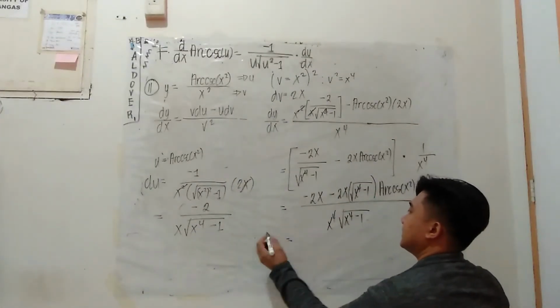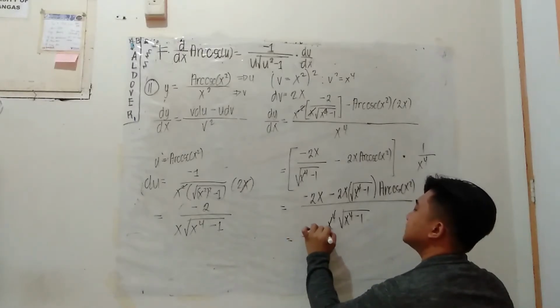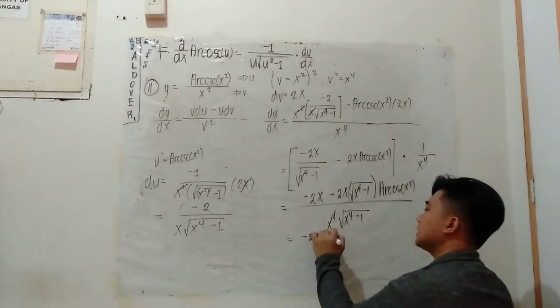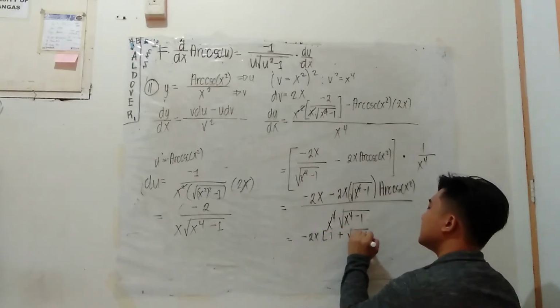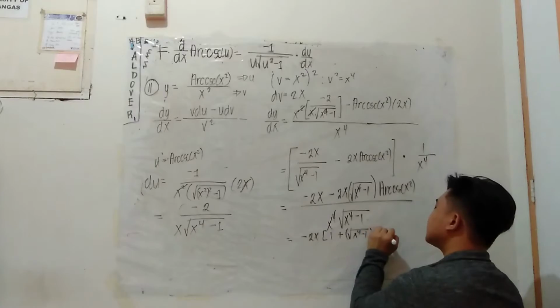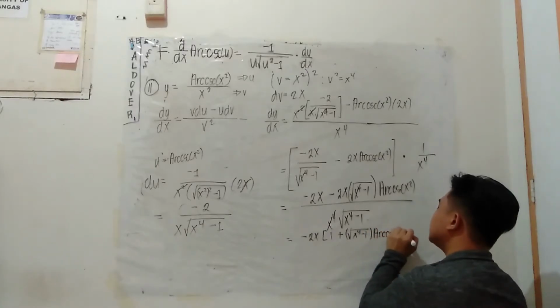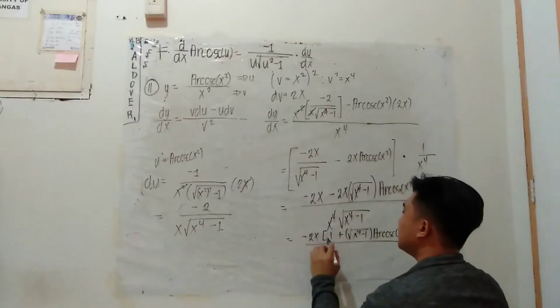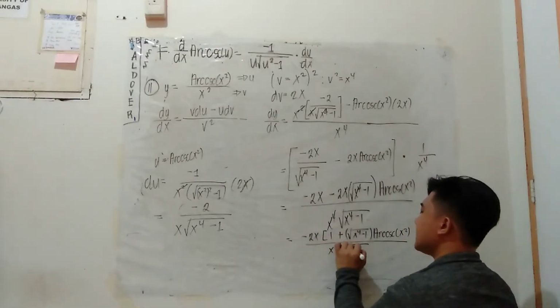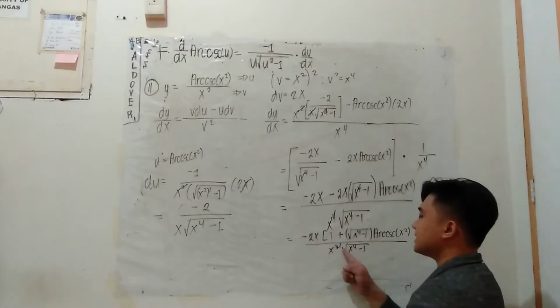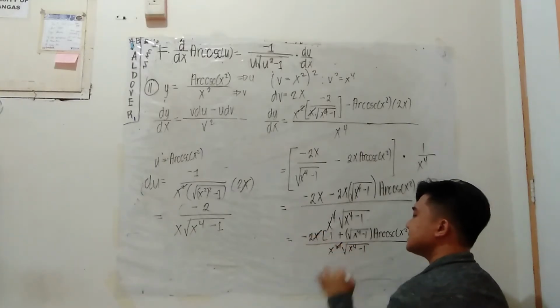So, that's negative 2x quantity 1 plus square root of x raised to 4 minus 1 times the arc cosecant x squared, all over x raised to 4 times square root of x raised to 4 minus 1. Cancel, cancel.